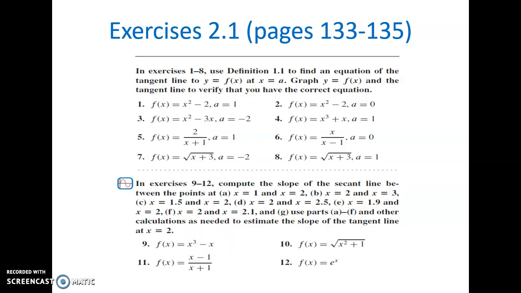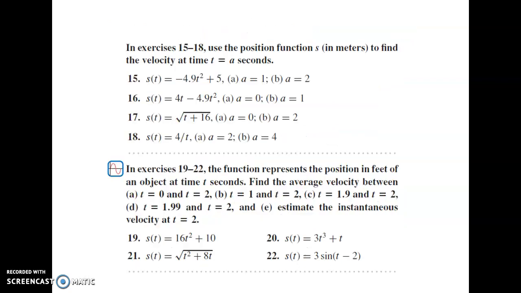I have already done it earlier, so please refer and try to solve these questions. Otherwise, I will be solving in the live class some of the examples from the first set 1 to 8 and 9 to 12.